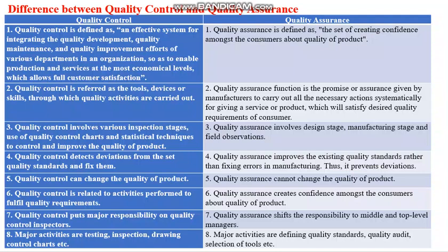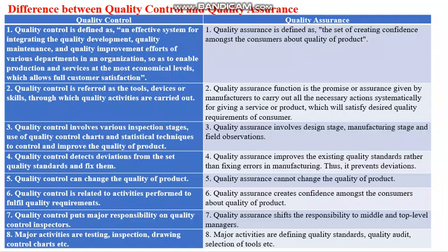Quality control is an effective system for integrating the quality development, quality maintenance, quality improvement, these three efforts of various departments of an organization. Why? So that production and services are produced at economical levels and they satisfy the customer.